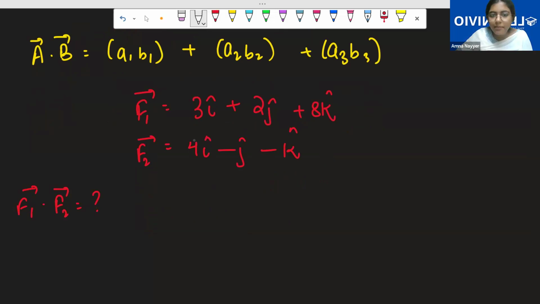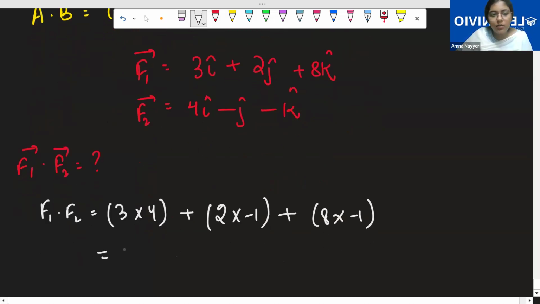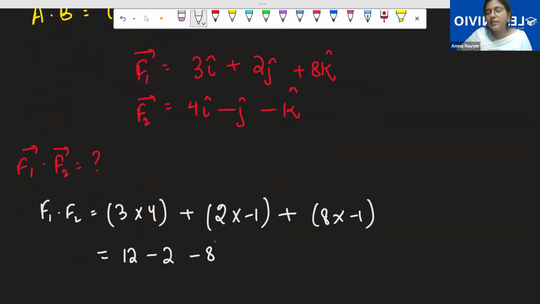So see, i cap term and i cap term, just multiply them. F1 dot F2, 3 into 4. That's it. Plus these two terms, the coefficients 2 into minus 1, plus these two terms 8 into minus 1. So this is equal to 12, this is minus 2, this is minus 8.